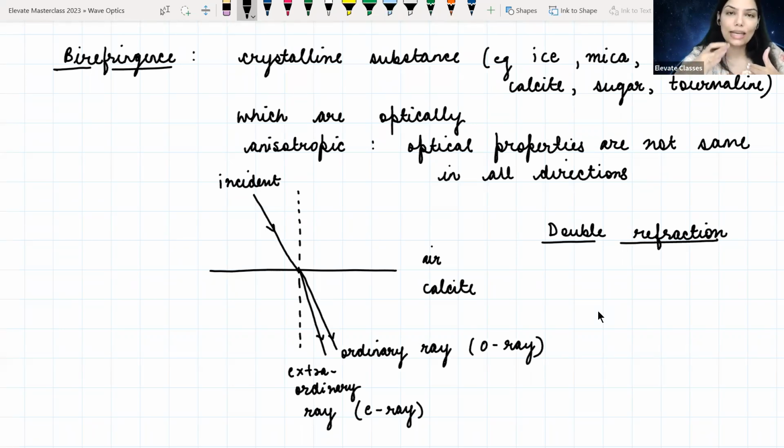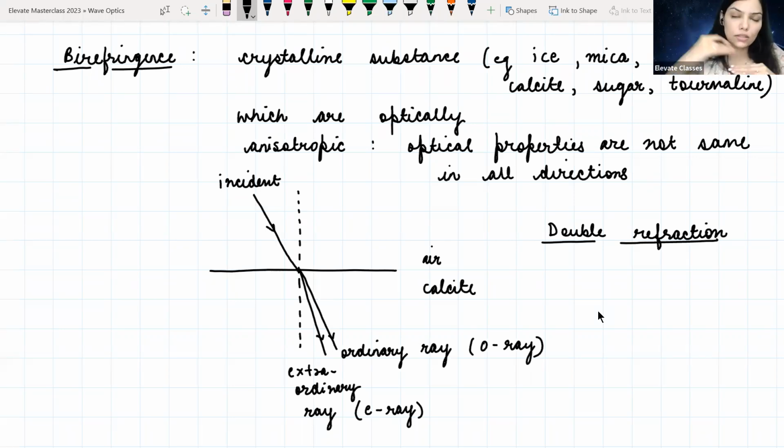Effectively, how fast or how slow it is moving is very much dependent on what angle it is making inside the crystal with the optic axis. We'll discuss what an optic axis is. Right now you can imagine that I have some crystal and there is some direction, some axis, some plane defined.